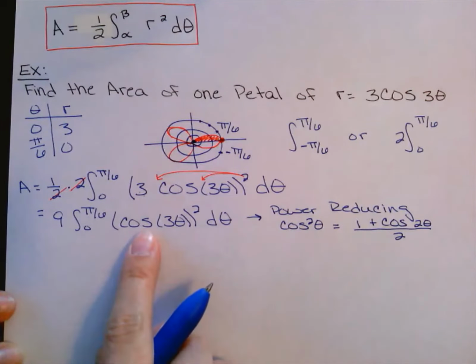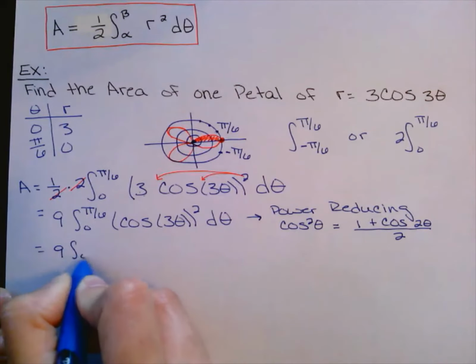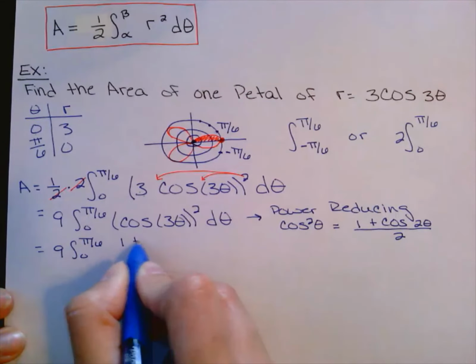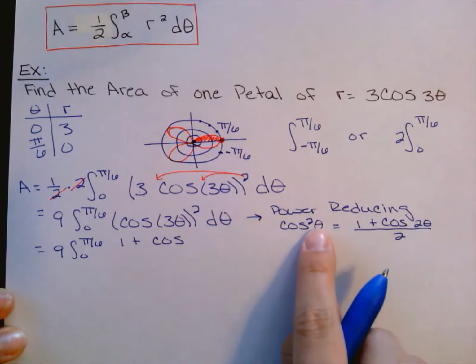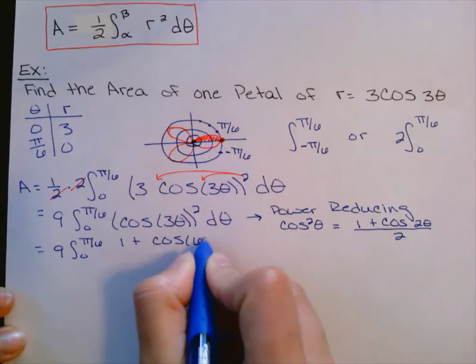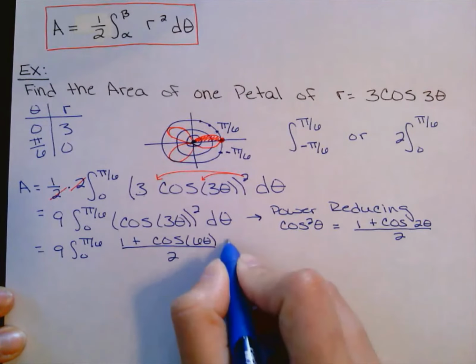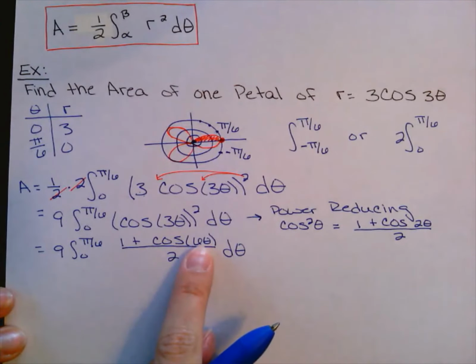So I'm going to take a minute and rewrite that. Notice if I'm doubling the theta that was here, I need to double this 3 theta, so this becomes 6 theta. Okay. Now I only have one U sub going on and not 2.